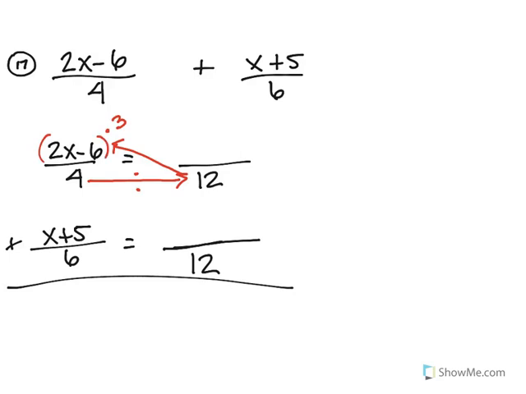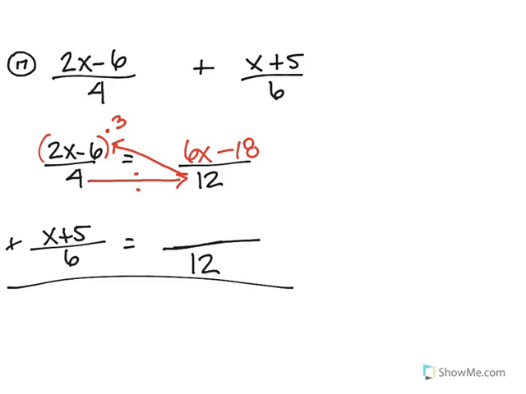Does that make sense? So 3 times 2x is what? 6x. And 3 times negative 6, that's the top. Do you see that? You have transformed that with 12 on the bottom, okay? Same fraction, it just looks a little different.